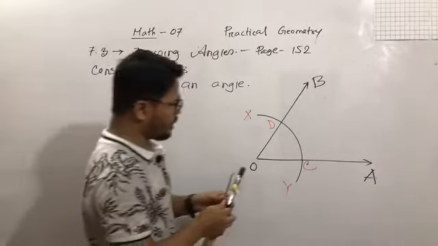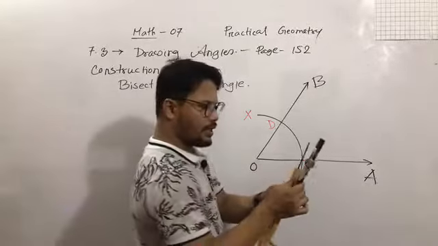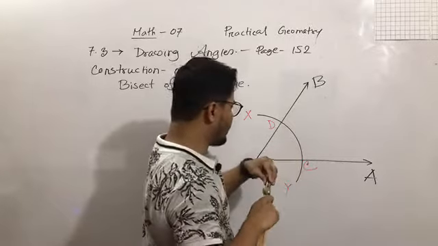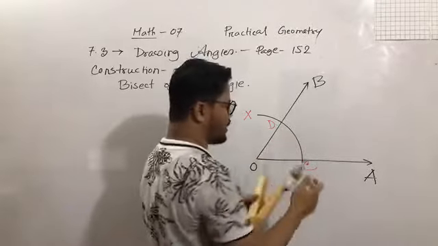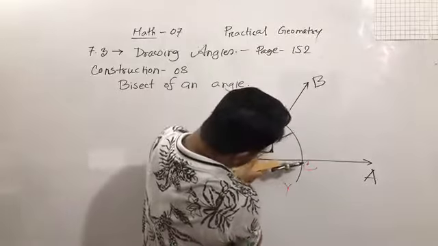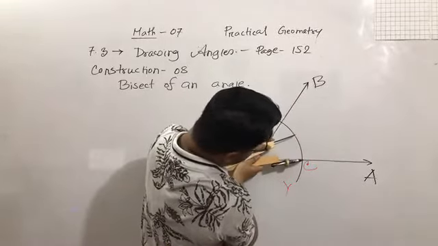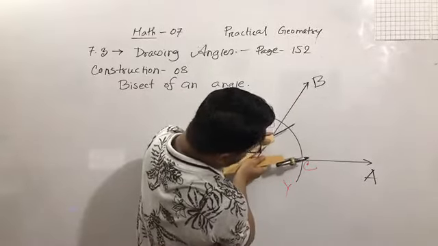Now, another step, taking radius greater than half of CD. Taking almost half of CD, just take a measure. This one will be greater than half of CD.